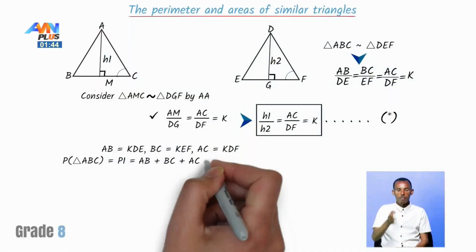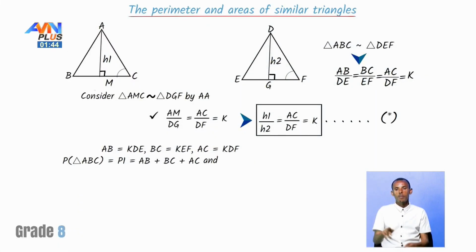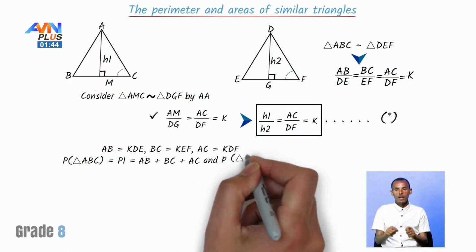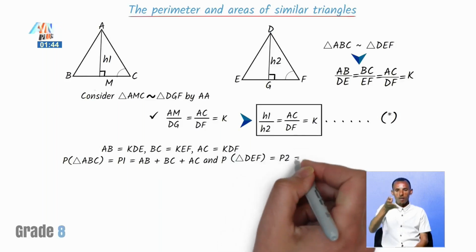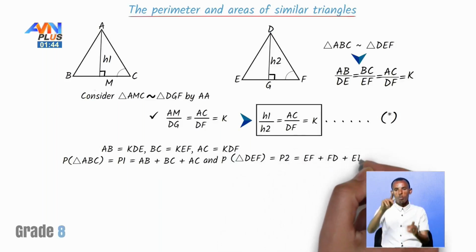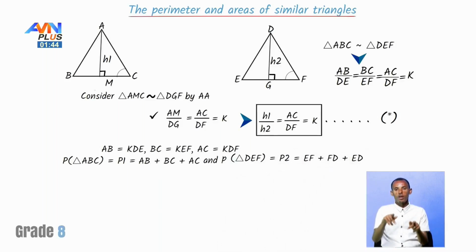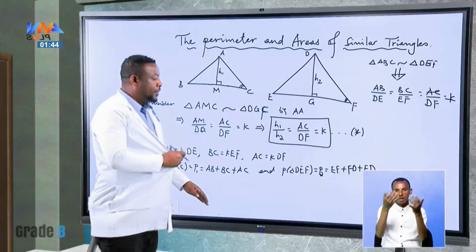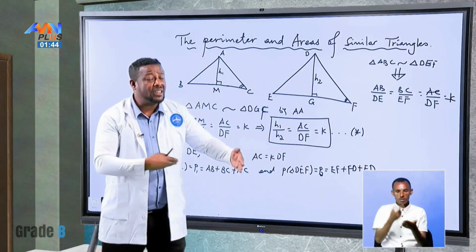Say the perimeter of triangle DEF is P2. P2 means EF plus FD plus ED. You can write it in any order.